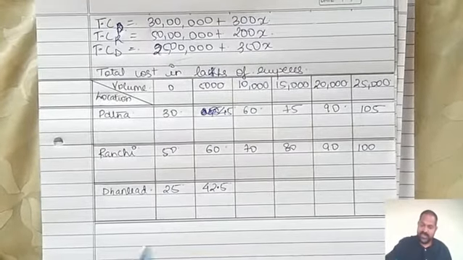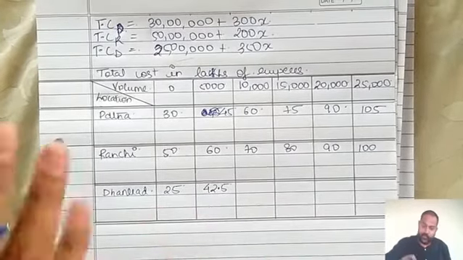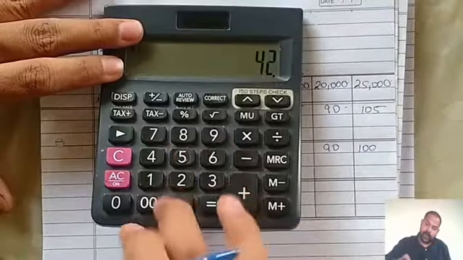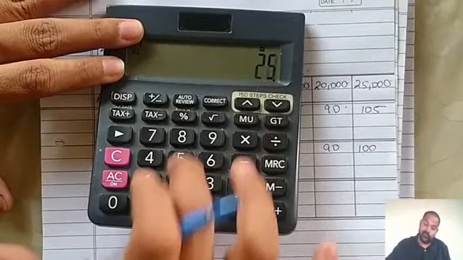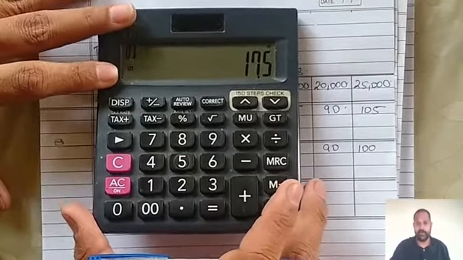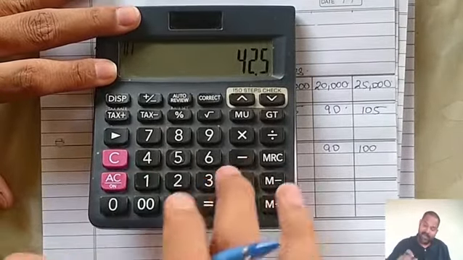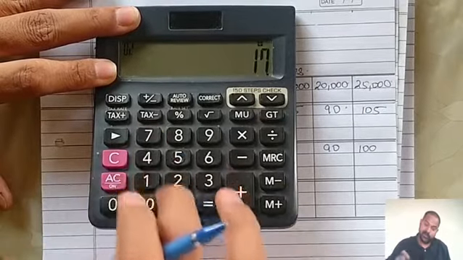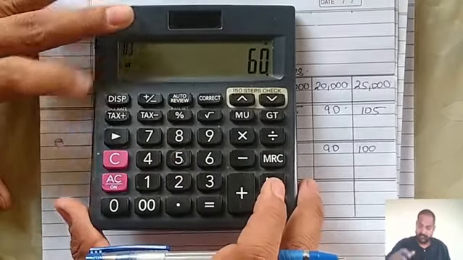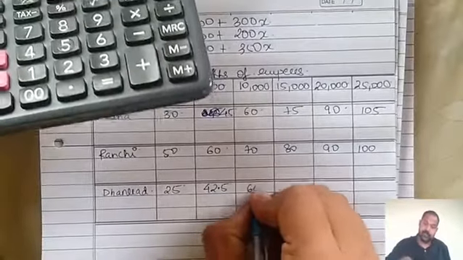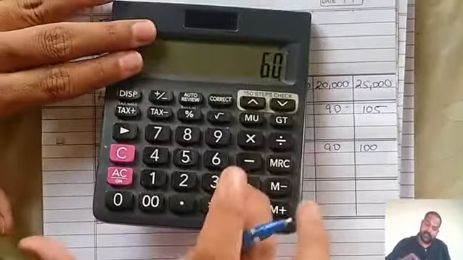So check how much it incremented by. 42.5 minus the 25 was an increment of 17.5. So in the 42.5, add the 17.5. What do you get? 60. In that you again add 17.5.